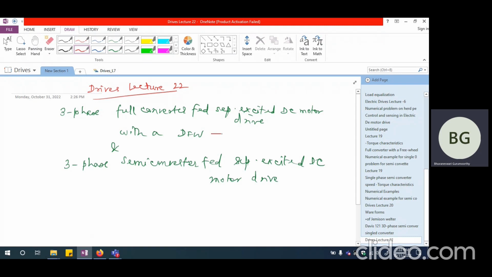gets cut off, but average DC voltage in this particular case is going to be less than what is the average voltage in semi-converter case, because the negative half cycle of each of the phase voltages is not going to be controlled.